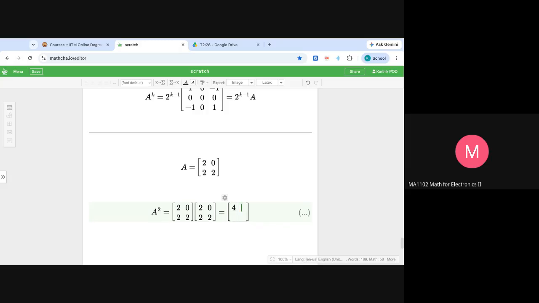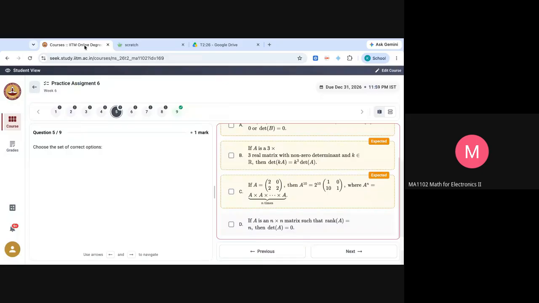So 2 into 0 plus 0 into 2, and then 2 into 2 plus 2 into 2, so that's 4 plus 4, 8, and 2 into 0 plus 2 into 2, right? So 4. If we take the 4 out, it's 1 0 2 1. Okay, what do they want us to do?